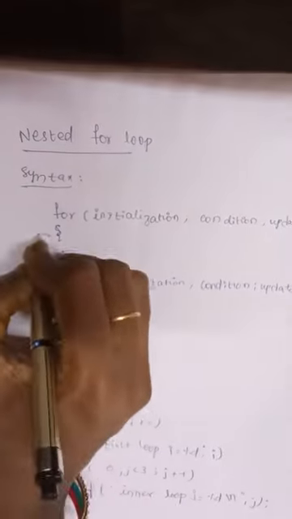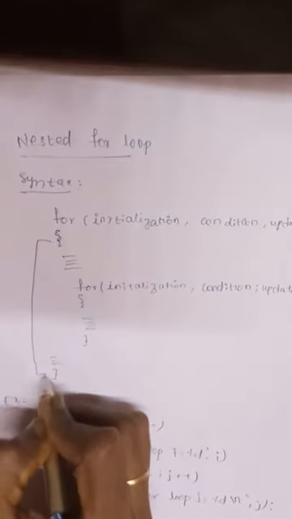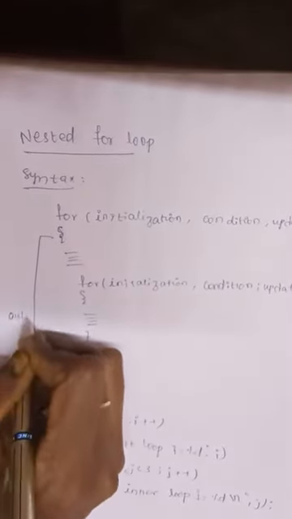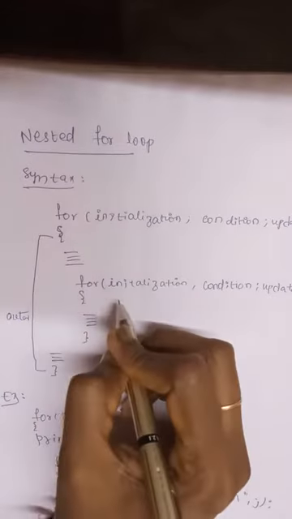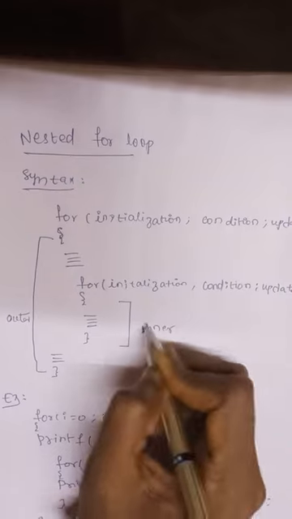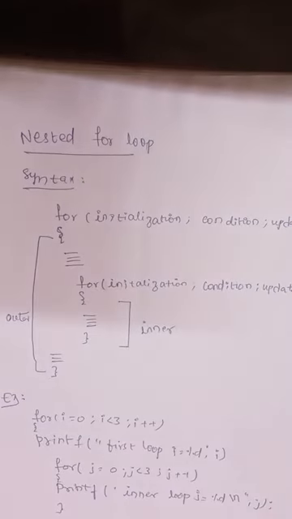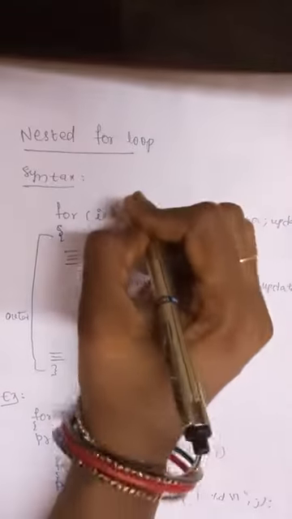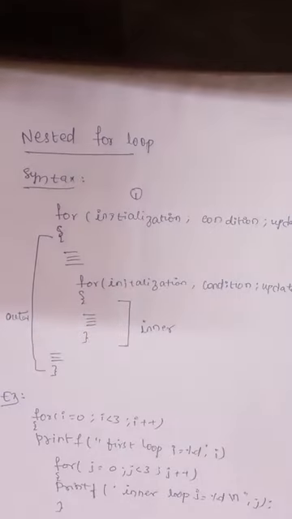Now this for loop we call the outer for loop. Now this for loop we call the inner for loop.